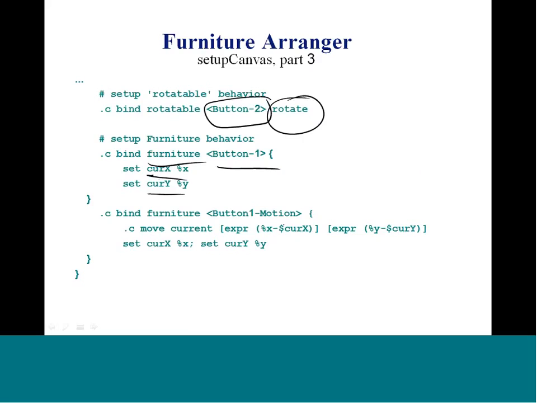That move is represented as moving the item from the previously captured percent X and percent Y to the current X and current Y. We just add that, and that is your new position, and that is set as the new current X and current Y.